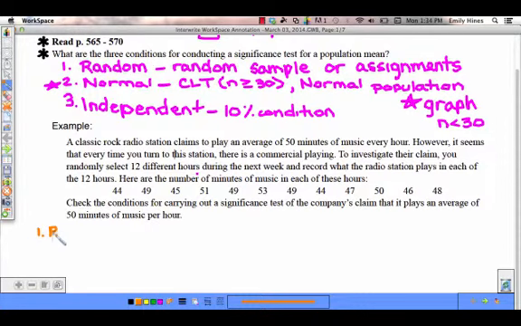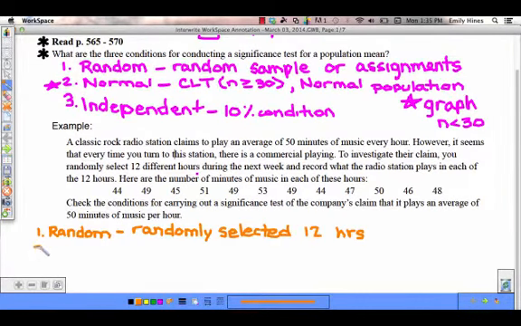First condition is random. And it says right here that we randomly selected 12 hours. The next one is normal. Because I can see that there are fewer than 30 hours, and it doesn't tell me anywhere that the distribution of the minutes of music they play per hour is normal, I need to graph these.